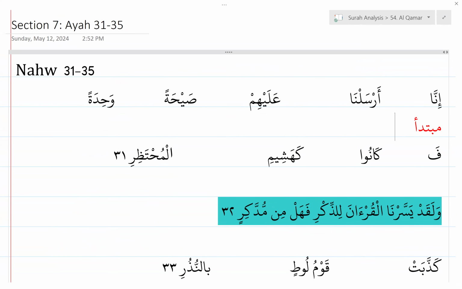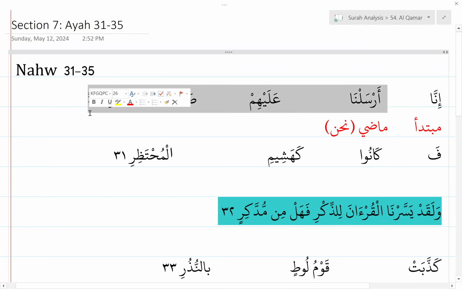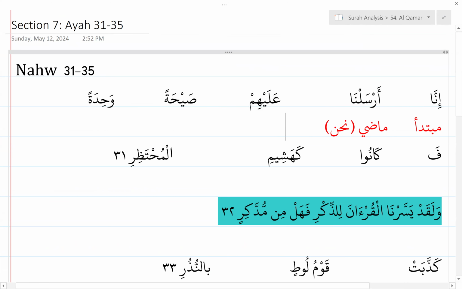Arsalna, this is fi'l madi, with the pronoun nahnu as the fa'il. This whole sentence is going to be the khabar of inna. عليهم is jar majrur, متعلق بأرسلنا, related to the verb. صيحة is maf'ul bihi.